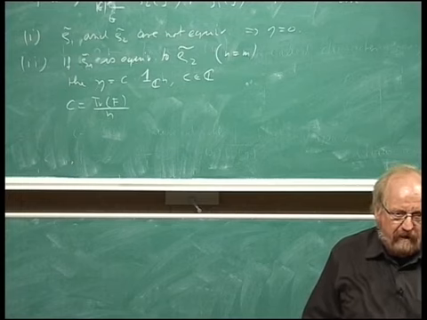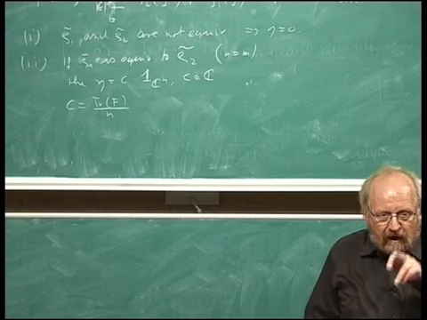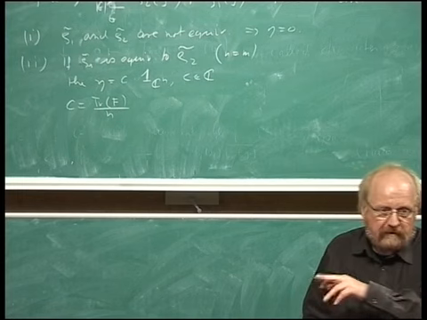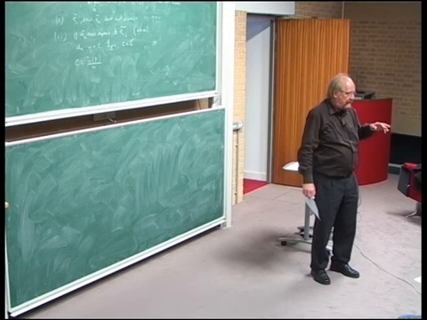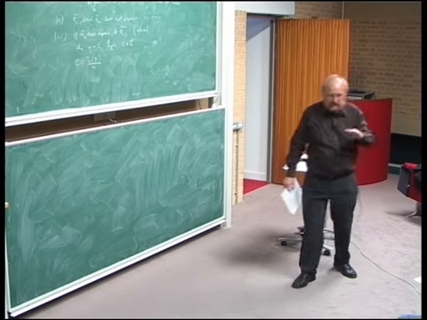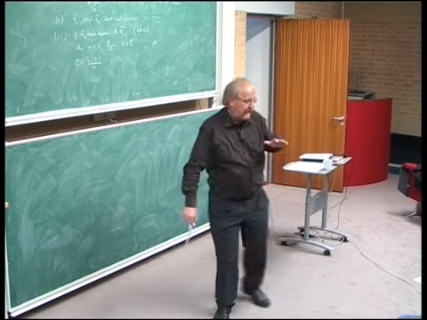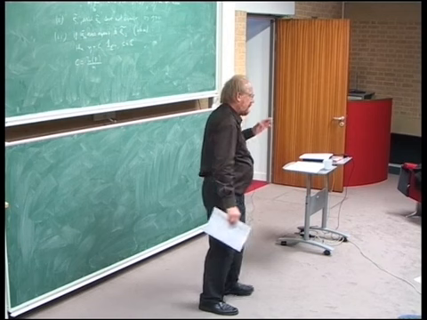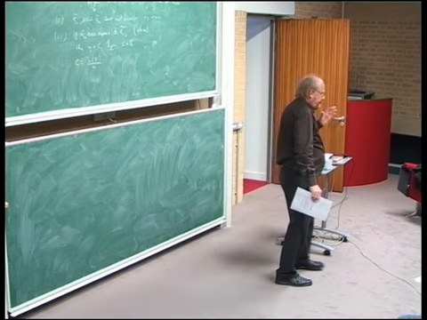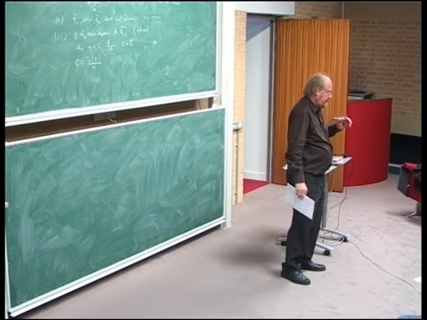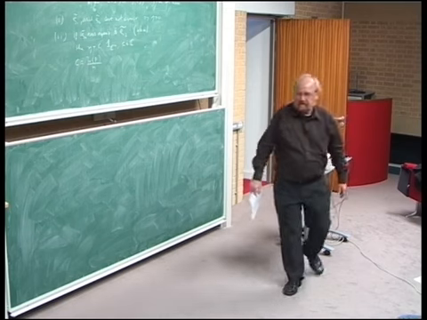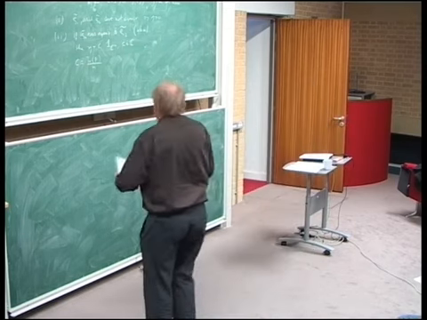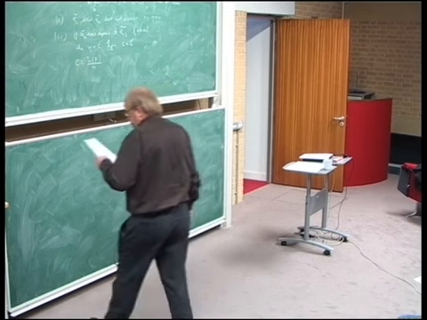But you have a sum over R_ij, R_ji, and you add over all elements in G, and then you get something like delta_in delta_ij. Okay.